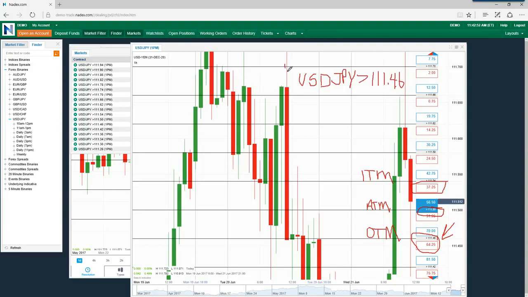If you believe yes, indeed, the USD JPY will be greater than 111.46, then you buy. If you think no, the USD JPY will not be greater than 111.46 by 1 p.m. today, then you sell.